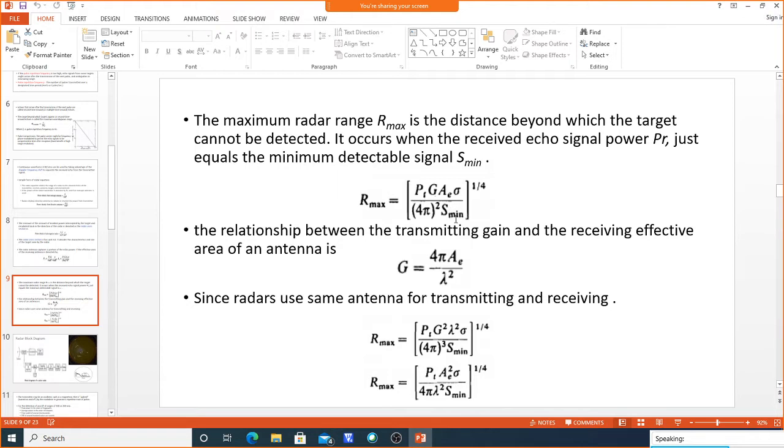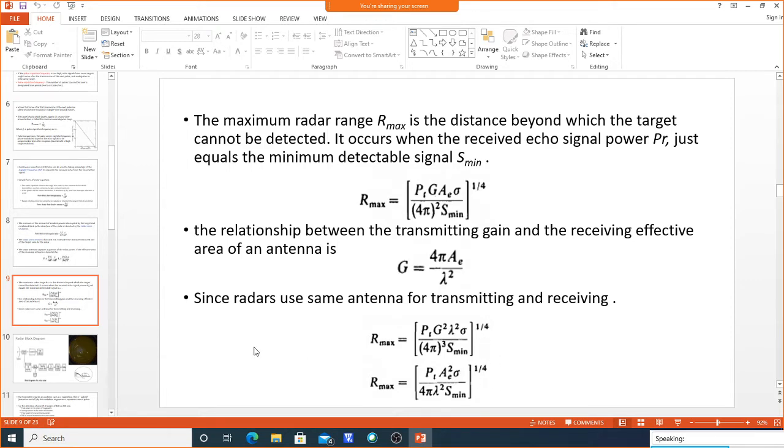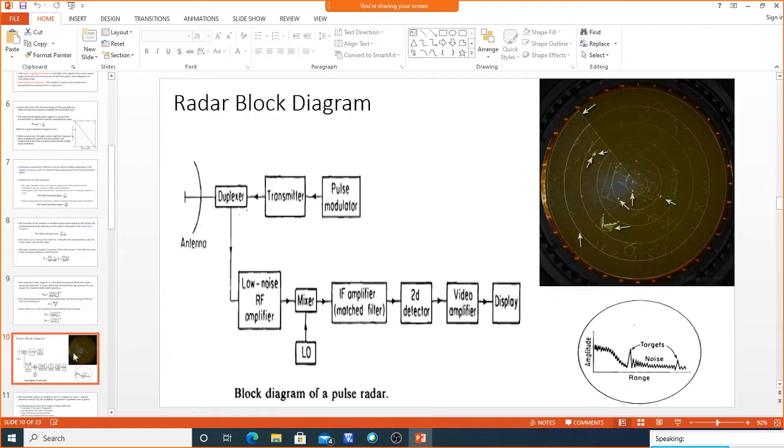We have found this from these equations, and also saw the different equations showing the dependency on the wavelength. So this is about the radar equation.